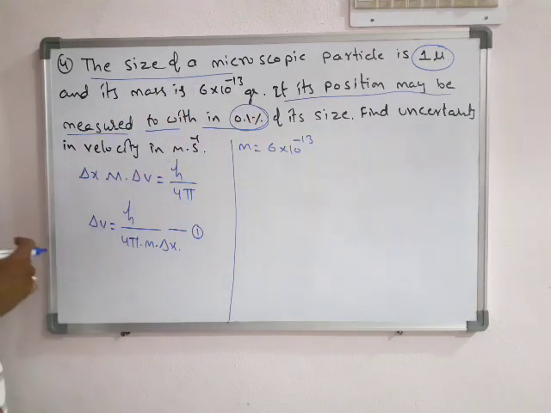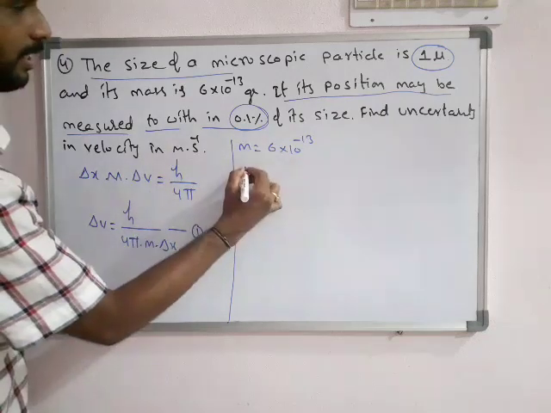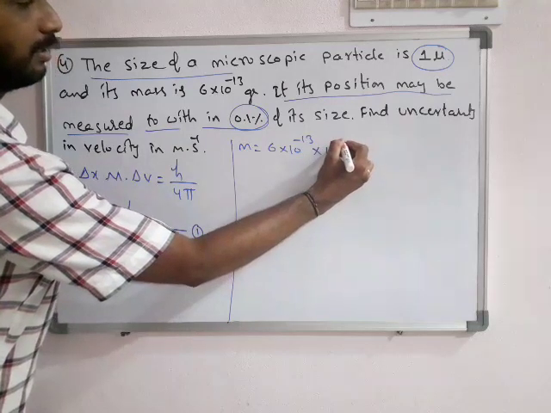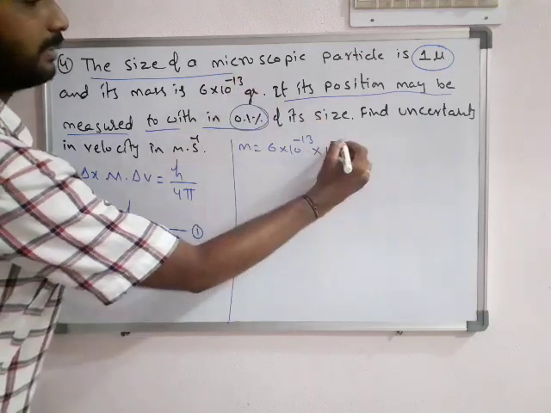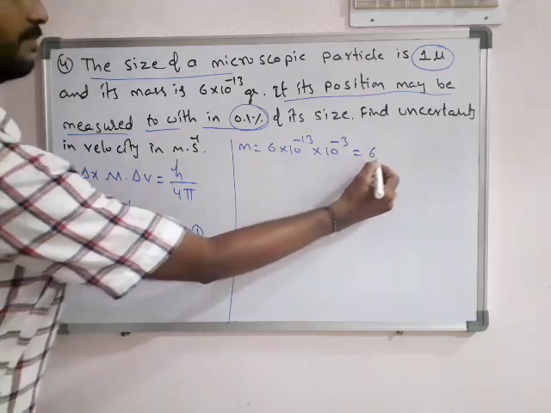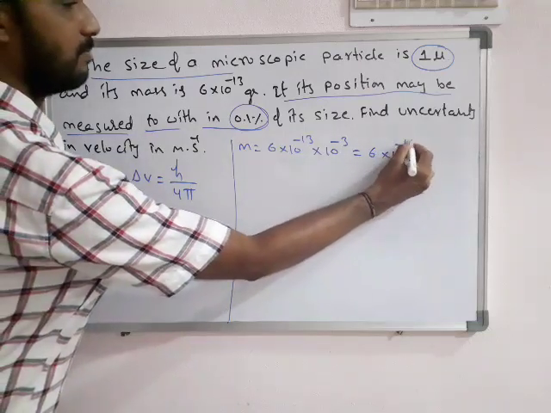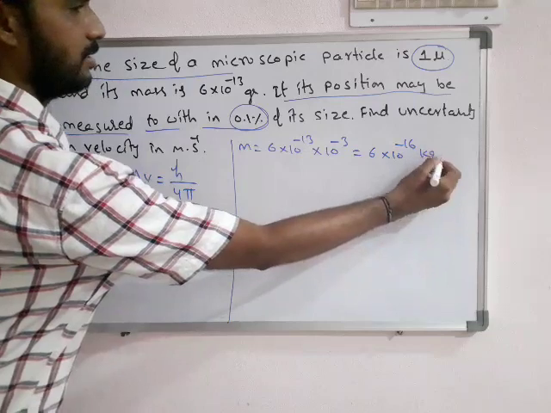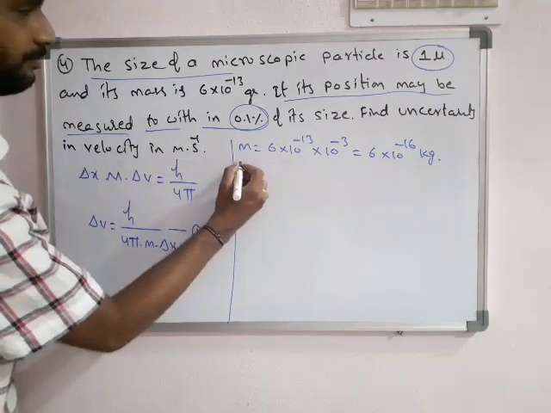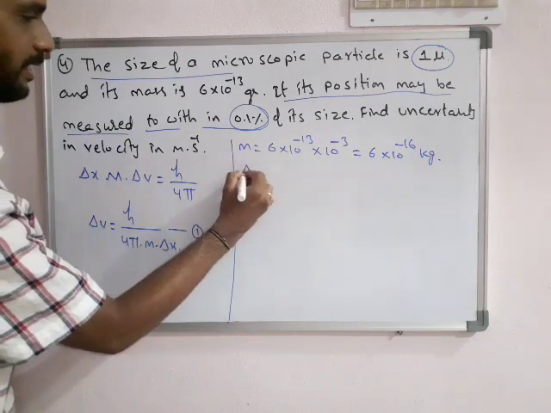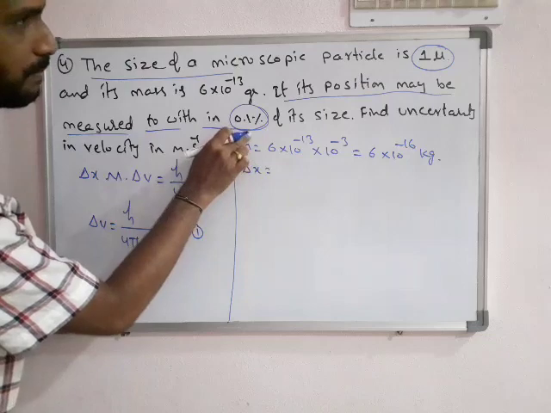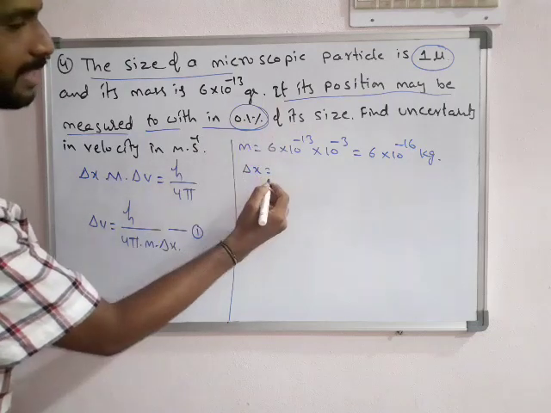Okay. And so we are converting it to kgs. Minus 13 grams to minus 3 kgs, that is equal to 6 into 10 power minus 16 kilogram. Okay. So next, what is delta x? So delta x is 0.1% in its size.